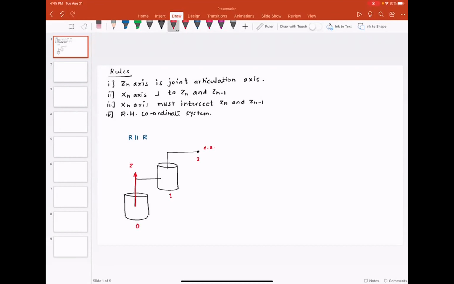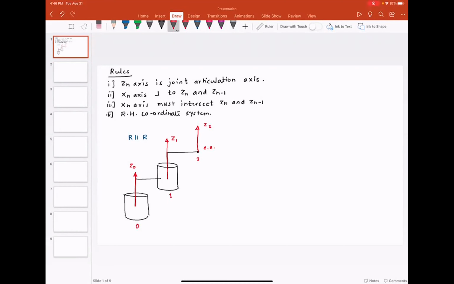This is Z0, Z1. Please note, for Z2, there is no articulation. But if we were to take Z2 parallel to Z1, that would make our life very easy.